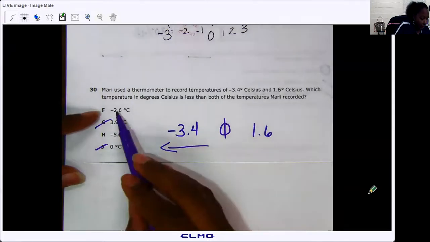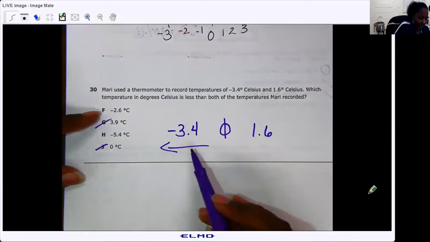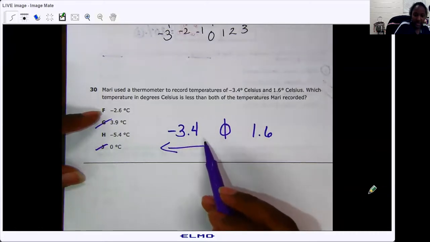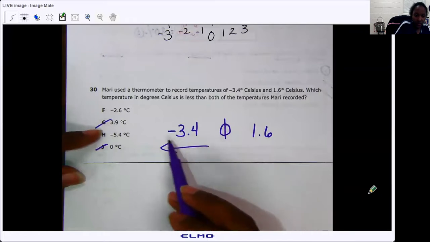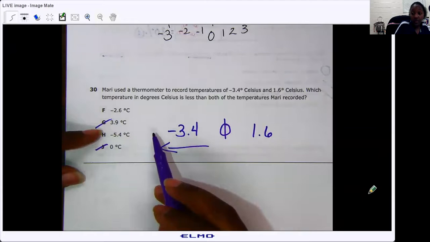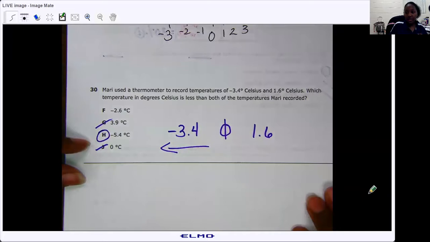Now I have a negative 2.6 and a negative 5.4. Negative 2.6 would be right here. So that's not less than. And then we have negative 5.4. That's going to be over this way. That's less than both of them because remember, the further away from 0 we go, the smaller we are. So that leaves H as our answer choice.